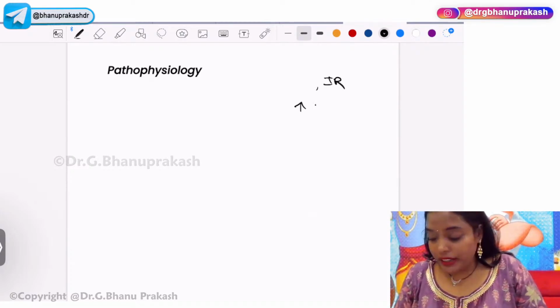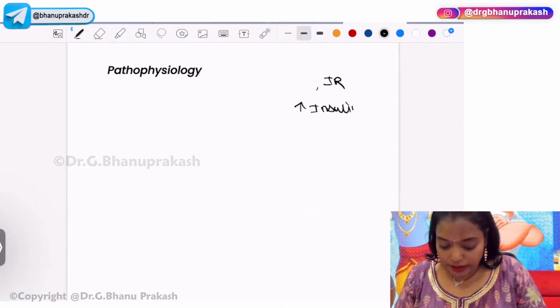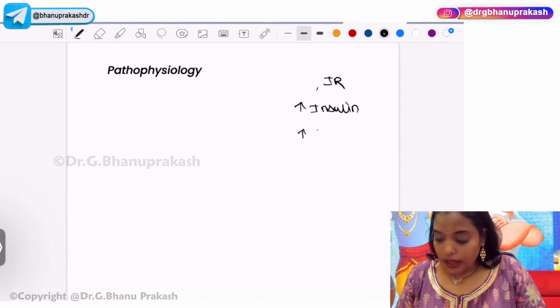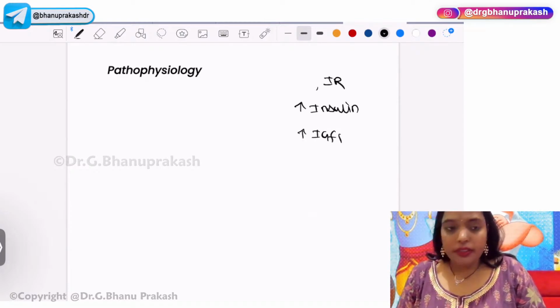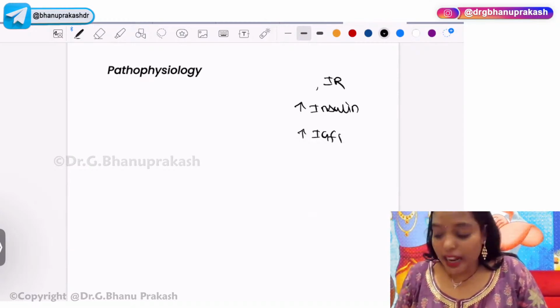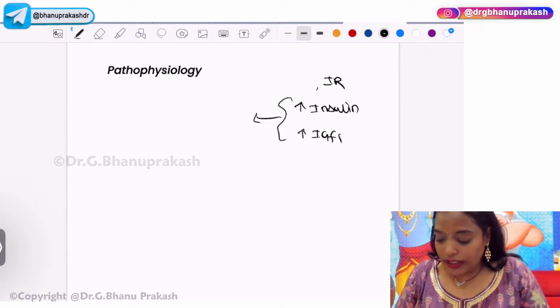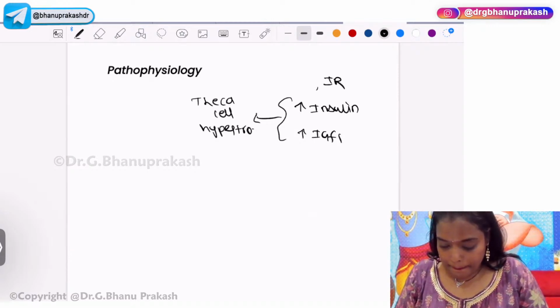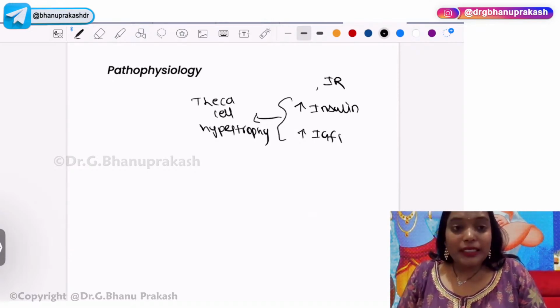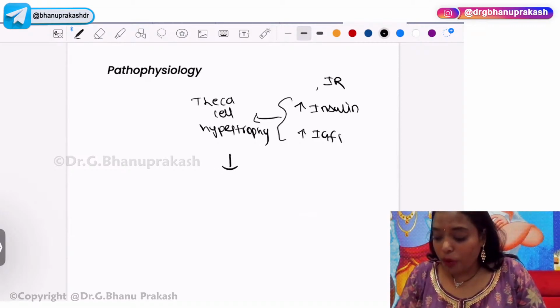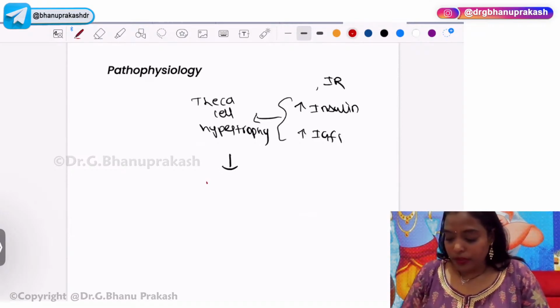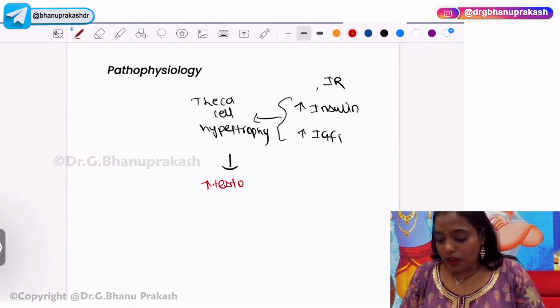Because of the insulin resistance, they have increased insulin and increased IGF-1. This increased insulin and IGF-1 will act on the theca cells and cause theca cell hypertrophy. These theca cells will produce more and more testosterone, so there will be increased testosterone.